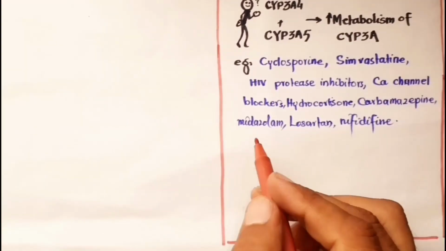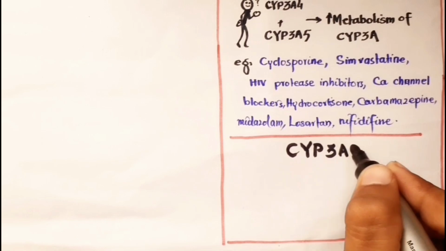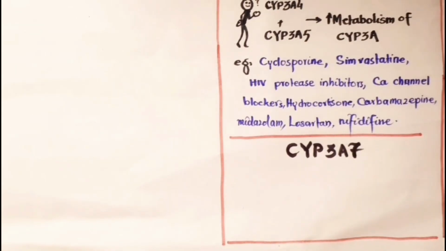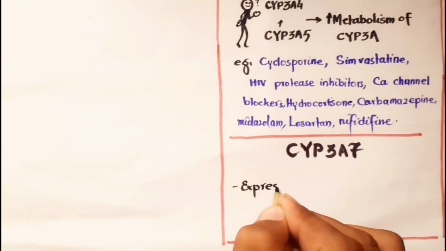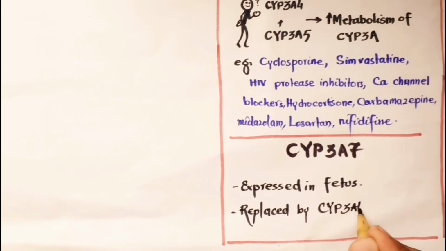The other identified human CYP3A isoform is CYP3A7, which appears to be expressed in fetus and rapidly disappears following birth, to be replaced by CYP3A4 and CYP3A5.